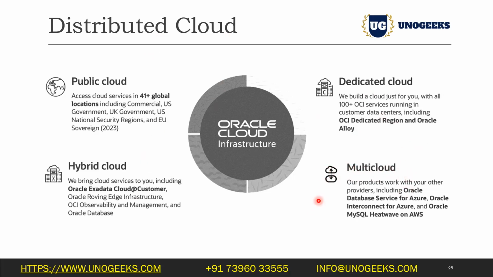As we discussed, OCI is already collaborating with Microsoft. So they have interconnect with Microsoft Azure, which has some of the services on offer with a different cloud provider as well. So all these services which we have discussed, they can go with these kinds of distributed cloud methods, and in different ways they can avail these services.